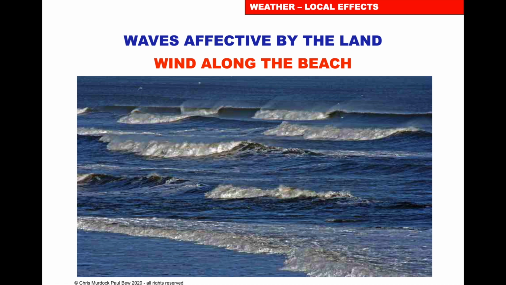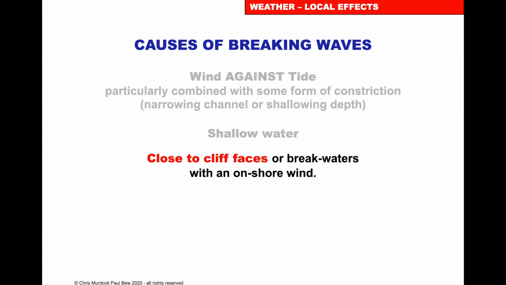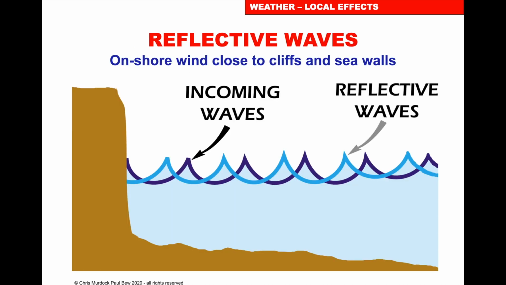Wind along the beach, close to cliffs or breakwaters with an onshore wind. If we've got a breakwater or a cliff, the waves will go straight into that vertical surface and bounce back out again. Somewhere like Brighton Marina is nearly always choppy outside the marina because the waves are coming onto the wall and bouncing back again, producing a chop like the one in this picture.